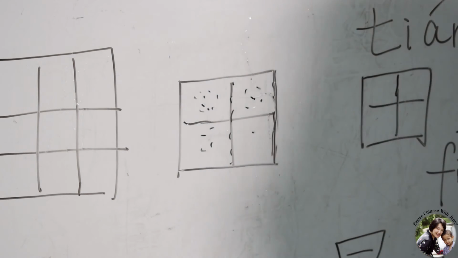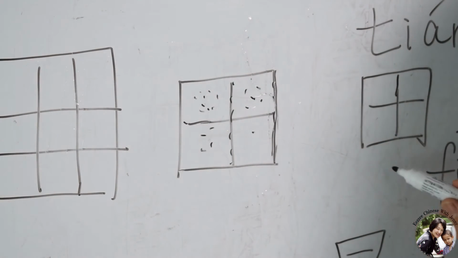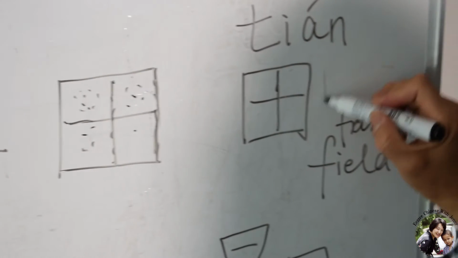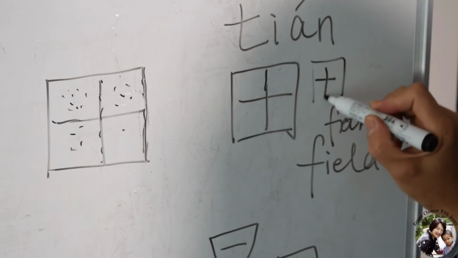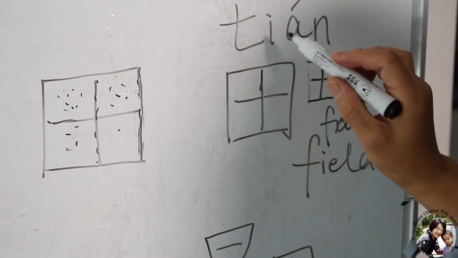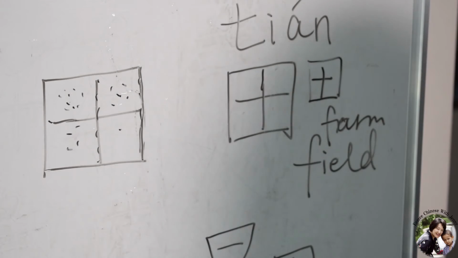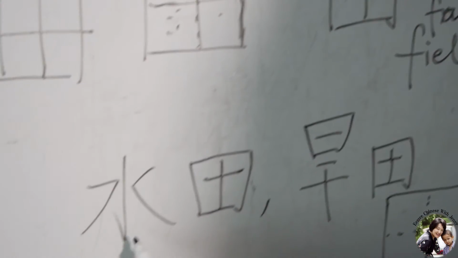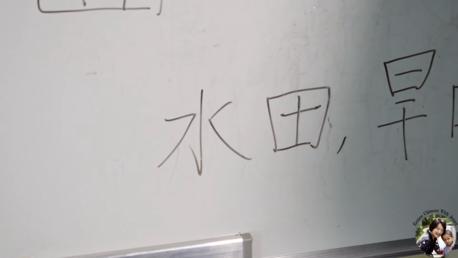So it means farmland or farm field. It's just written like this. The pronunciation is tián, the second tone. 田, farmland, farm field. And the phrase we put with water, 水田.